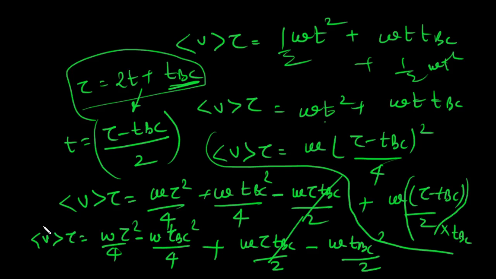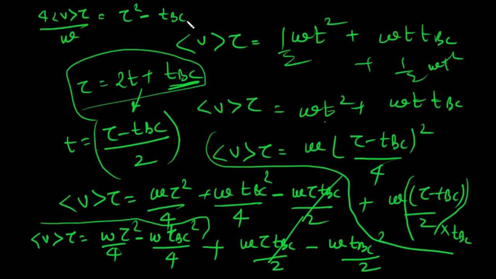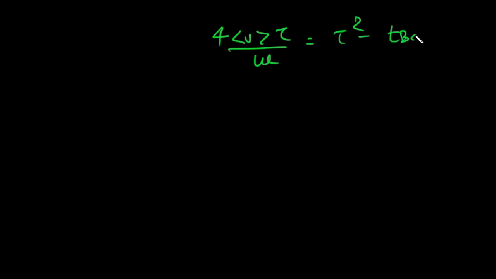Now this is the equation. We have to calculate time BC. So we multiply both sides with 4. We have 4 V tau and we divide by W, so we have 4 V tau by W equal to tau square minus time BC square.